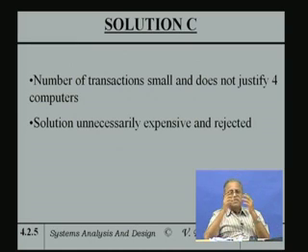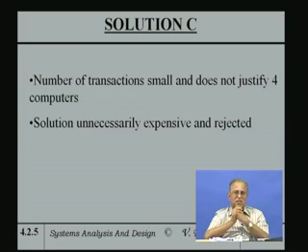So, solution A was rejected because of the fact that the manual system is not feasible when the number of students increases, and in this case there are 500 students, next year it may be 800 students. Okay. And so there is no point in having a system which cannot be upgraded with the passage of time.